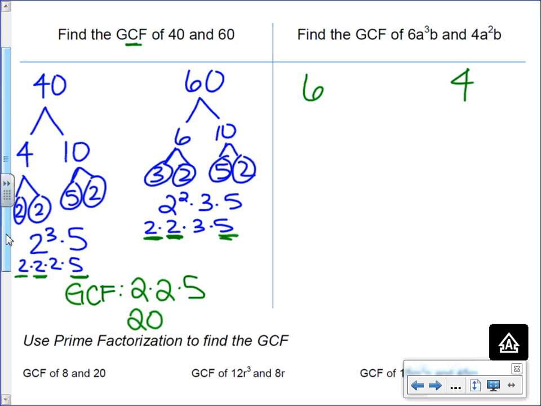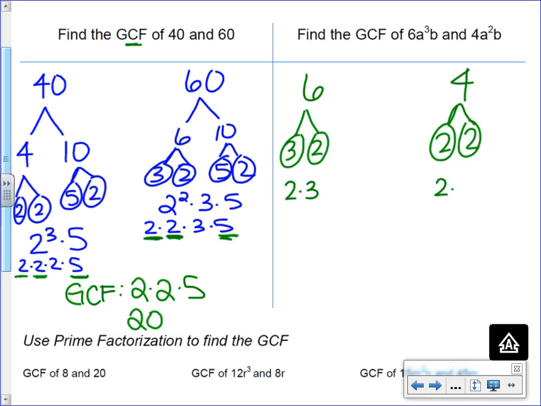This should take you about 30 seconds. Okay, hopefully you got this. Those should not have taken very long.